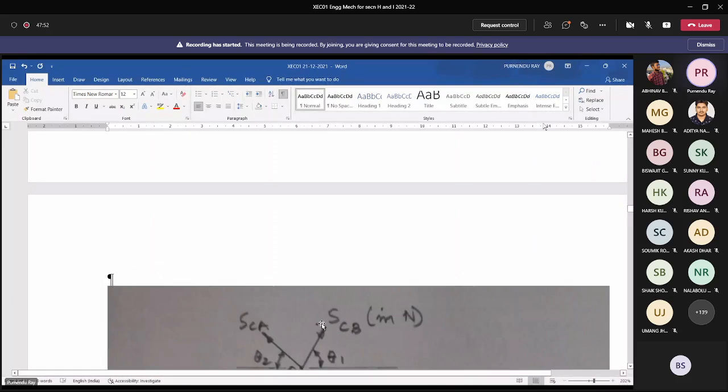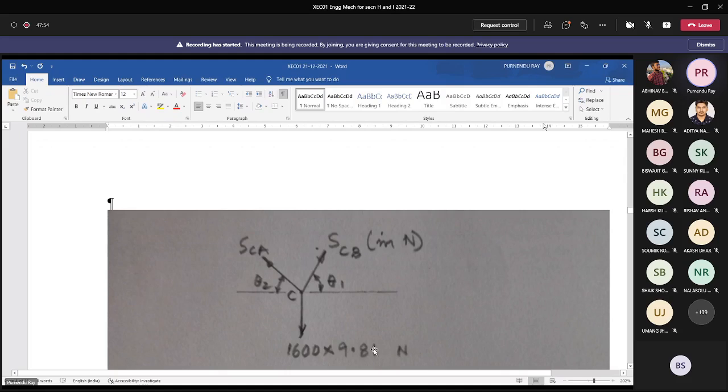But before that, this part is very important. We consider the knot or joint C. Now on this knot, how many forces are acting? First of all, the self weight of the block, 1600 kg multiplied by 9.81, we get this many newtons.